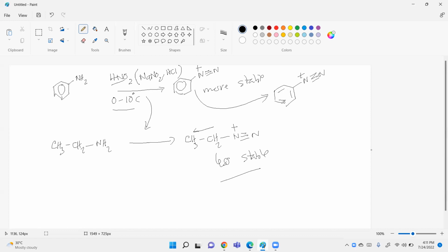Here we have a delocalized electron system, and next to it we have a nitrogen with a positive charge. Through electron delocalization, this positive charge can spread everywhere in the molecule. If a charge is going to distribute, we call it delocalized, and that structure is going to be stable. Because such distribution of positive charge is not available in the second compound, it is going to make a less stable structure.